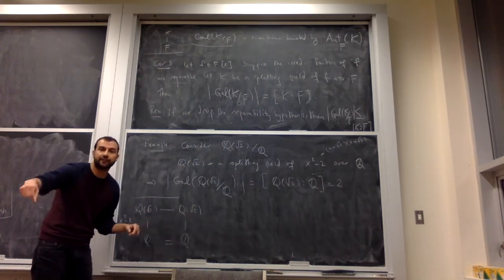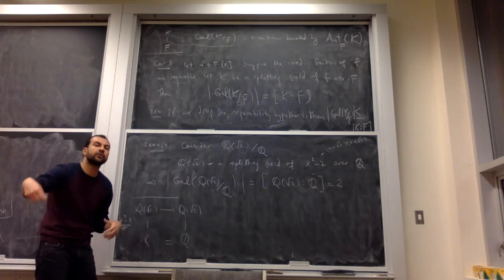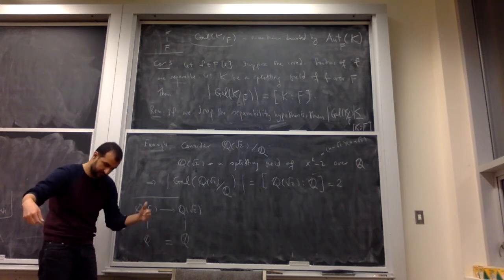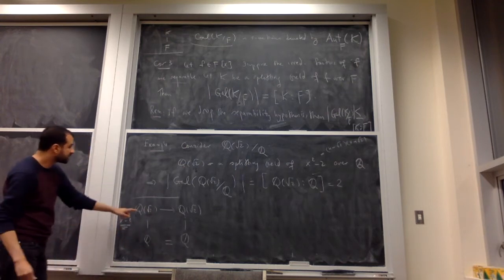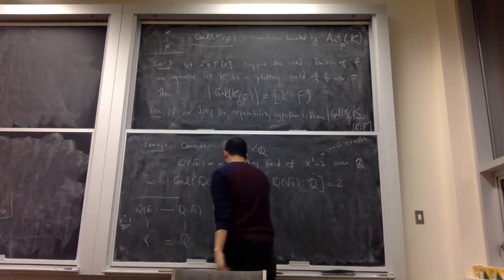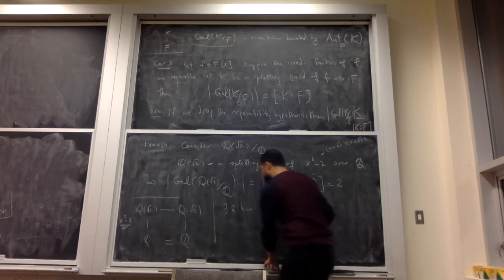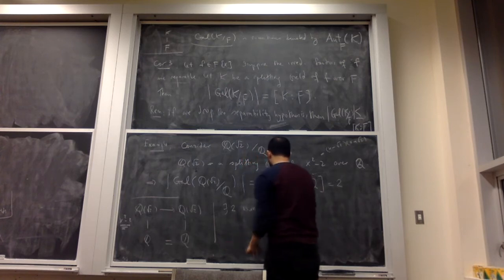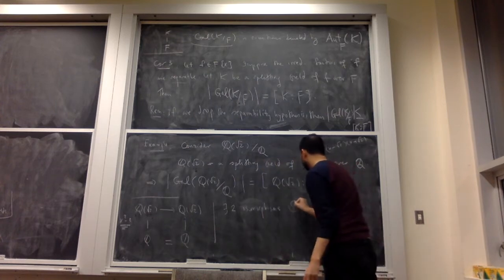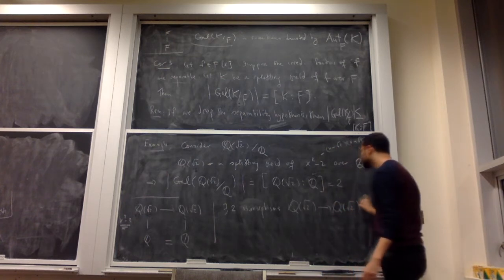Remember, for any choice of alpha prime, a root of sigma star f, there was a unique homomorphism extending sigma, sending alpha to alpha prime. That was lemma 50. So there are two homomorphisms. They will be isomorphisms. So there are two isomorphisms from Q adjoint root 2 to Q adjoint root 2, which fix Q.